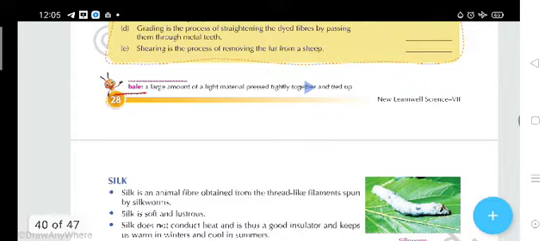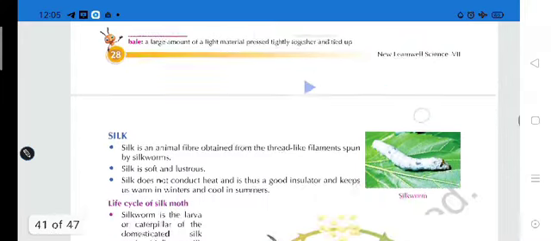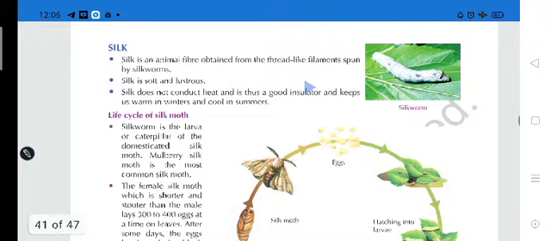Now students, the silk. Students, have you seen silk clothes? I hope you have seen, because it shines. Whenever you touch it and feel the texture of that fiber, it's very soft and strong also.